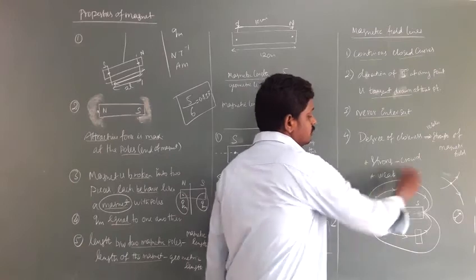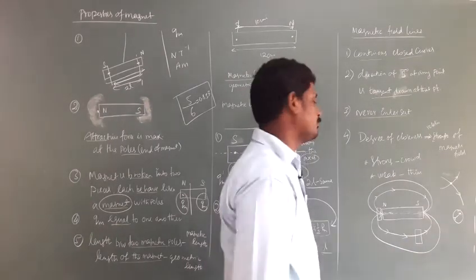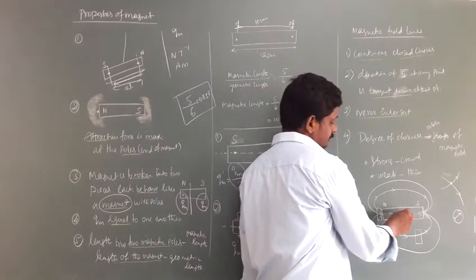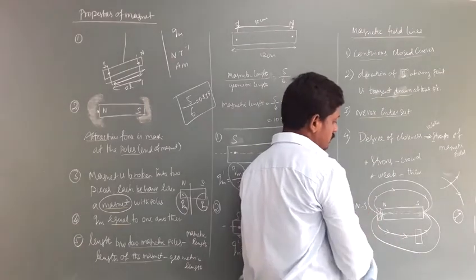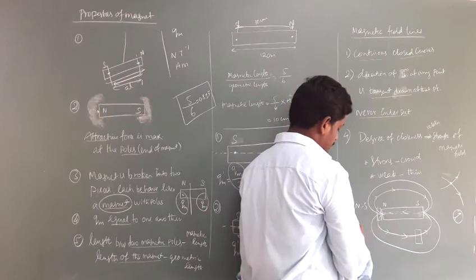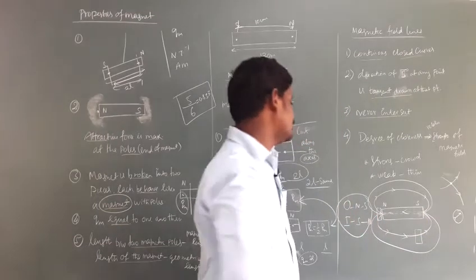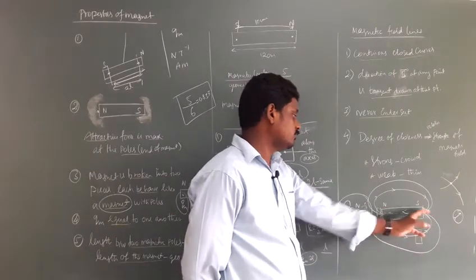From north to south, the magnetic field lines are continuous closed curves. Outside the magnet it is north to south, but inside the magnet, south to north. The direction of the magnetic field outside the magnet is north to south, inside the magnet south to north.